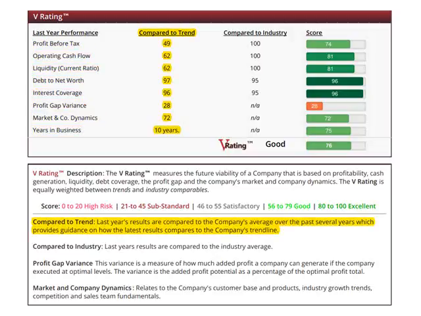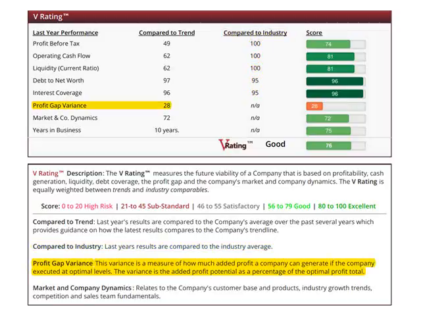For each factor, the company is rated as to how the most recent fiscal year compares to their own trend over the past several years, listed in the column Compared to Trend. The second column, Compared to Industry, compares the most recent fiscal year to others in their industry. The final score to the right of each factor is the average of the two values.